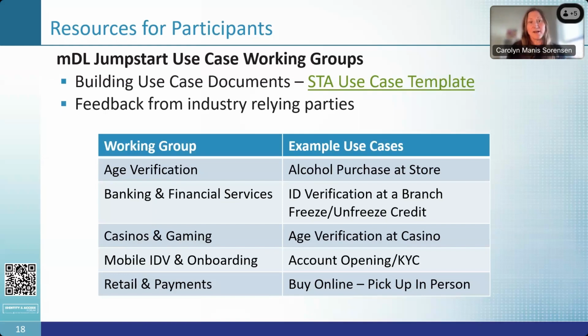And then finally, one of the exciting ones that's been talked about in the retail space, apart from the age restriction parts, is how do you utilize something like buy online, pick up in person, and have the mDL as a way to verify the right person is showing up and picking something up. So just wanted to give some ideas around the active use cases and would be thrilled to collaborate with anyone who has ideas around how to bring additional information or examples to these use cases.